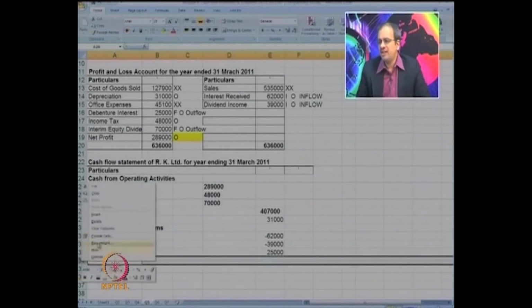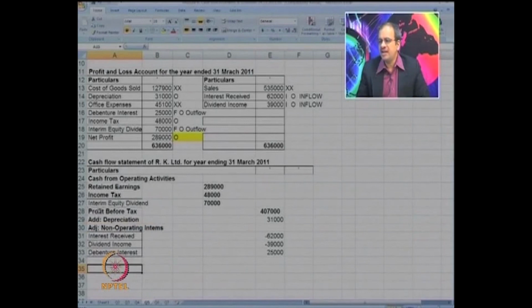So what we have done now is we have first calculated PBT, then we have done adjustment number 1, that is add depreciation. Adjustment number 2, we have adjusted for non-operating items. There is one more adjustment required. Can you tell me which adjustment is adjustment number 3? Any guesses?